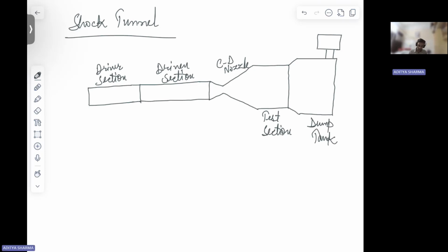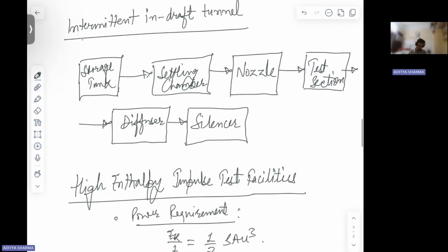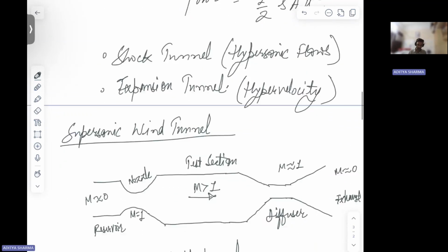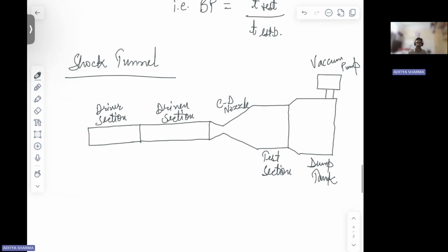This is your vacuum pump. So I was telling initially that your shock tunnels are used to generate hypersonic flows. Okay, so this is the schematic.